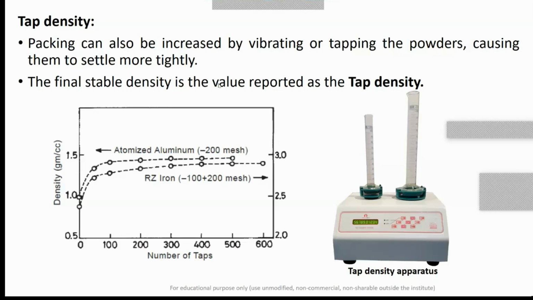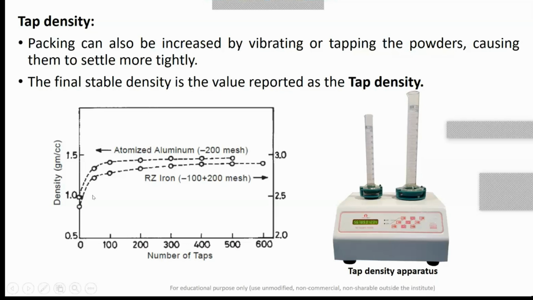There is a special apparatus called the tap density apparatus, which contains a glass cylinder. You fill in powder of known quantity and known mass, and then it vibrates and also rotates. Vibration means the tapping.